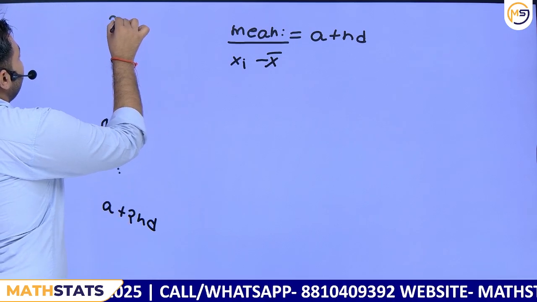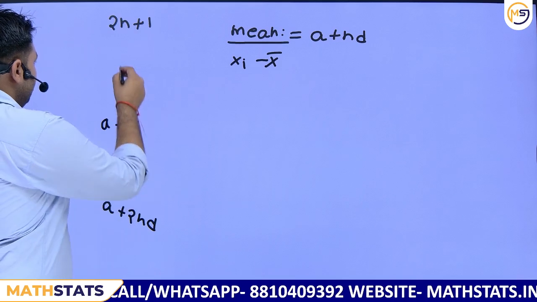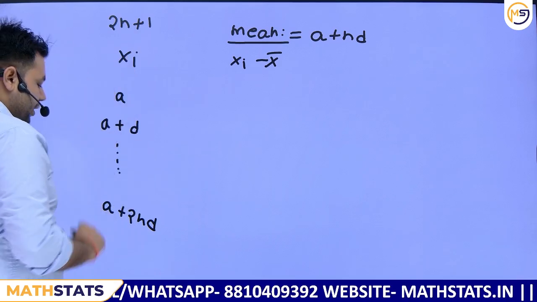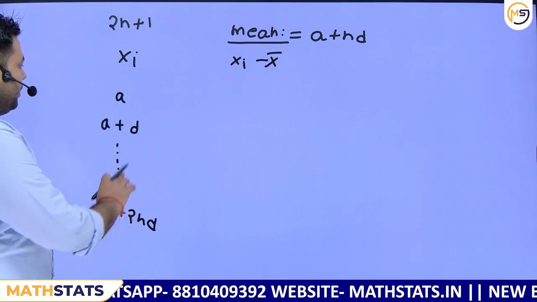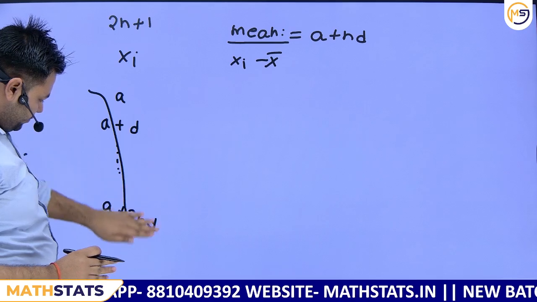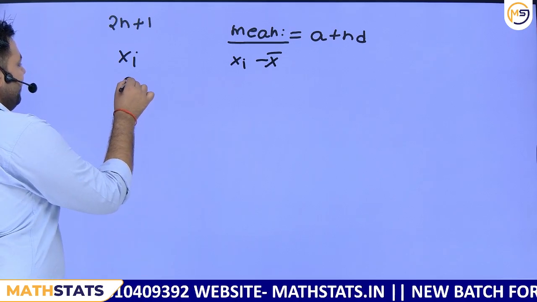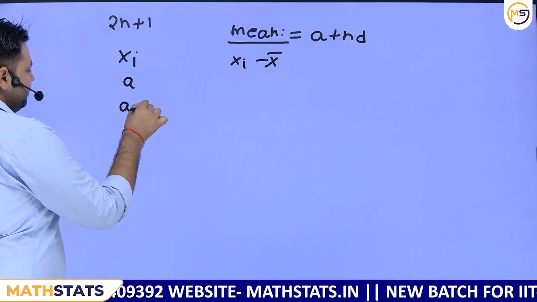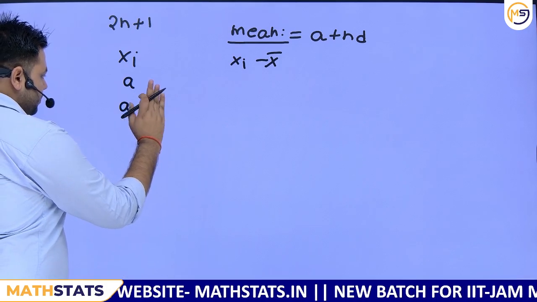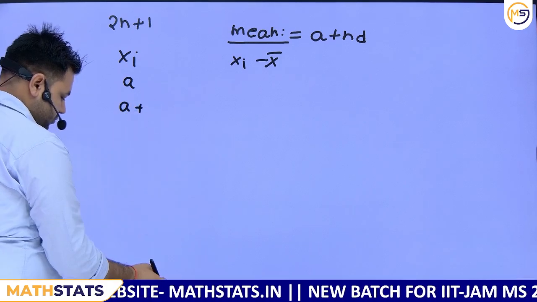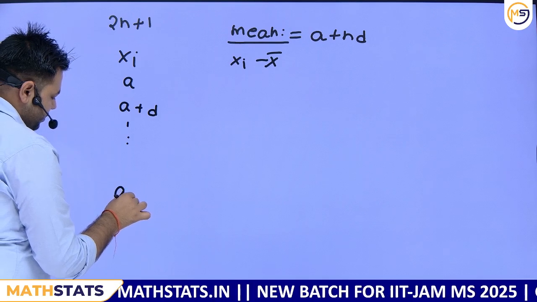Here there are 2n plus 1 terms, and this is the value of xi. So xi minus x bar. Write the first number here, a plus d, and so on, up to a plus 2nd.